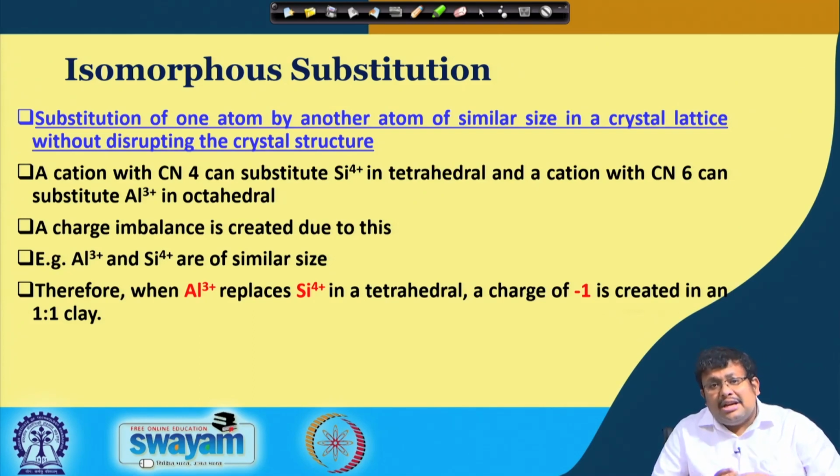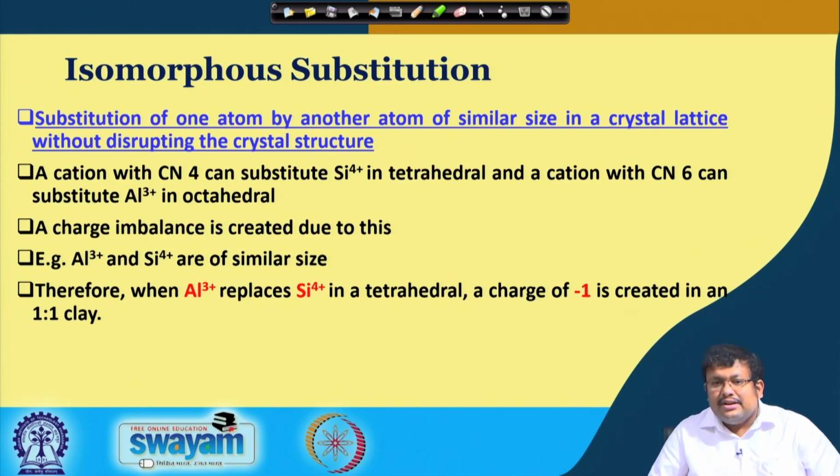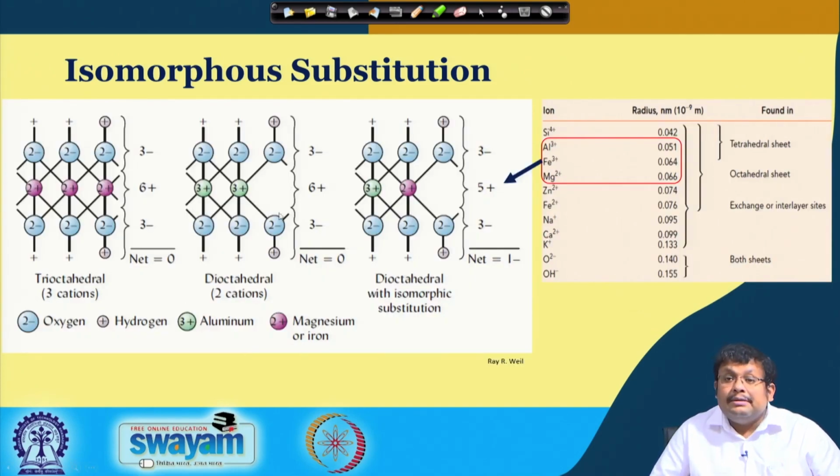So, when aluminum replaces silica in a tetrahedral sheet or tetrahedral coordination, a charge of -1 is created in a 1:1 type of clay. Obviously, silica is 4 valence, aluminum is 3 valence. So, when they are replacing each other, there will be one negative charge generation. This thing will be more clear here.